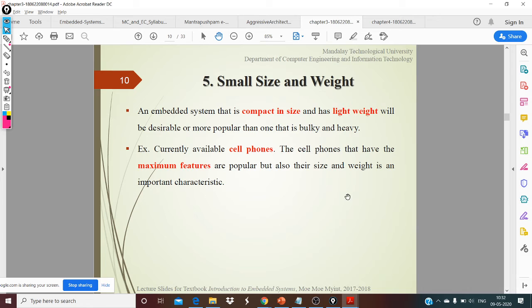You place an embedded system onto that, and the entire thing becomes one system now. Similarly, your flight control system, or any embedded system, is going to be embedded onto some other device, some other component. Now it has to be compact and lightweight, otherwise it is going to increase the weight of the other system.